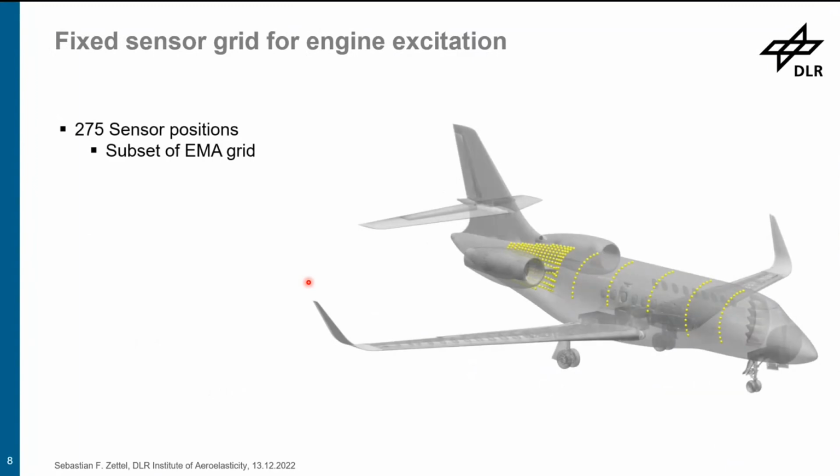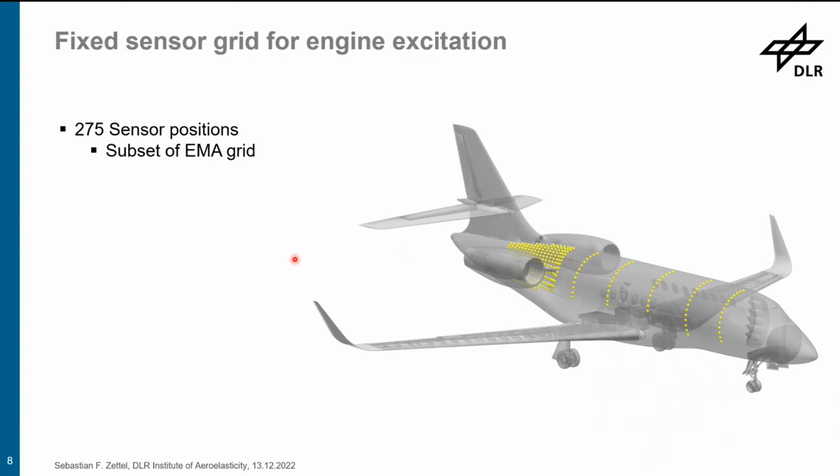But we didn't only measure the full aircraft with shaker excitation; as I already mentioned, we also used engine excitation. For the engine excitation measurement, we used a subset of sensor locations. So we pushed all the available sensors we had to the back of the aircraft, closely focused around the pylon, to capture the vibrations while the engines were running.